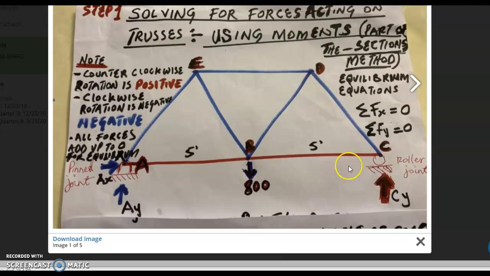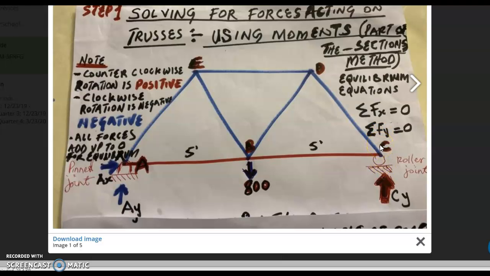Calculating the moments means you're calculating distance times the load or force. You have only one force applied here, and you're going to have reaction forces in the x and y axis this way. Now, because this is not a fixed point, you only have a reaction force acting on the y-axis going up.